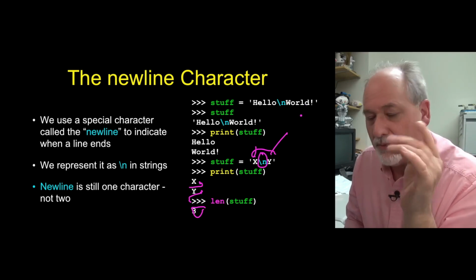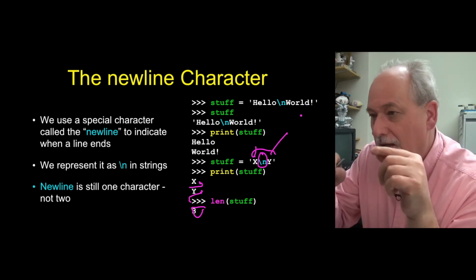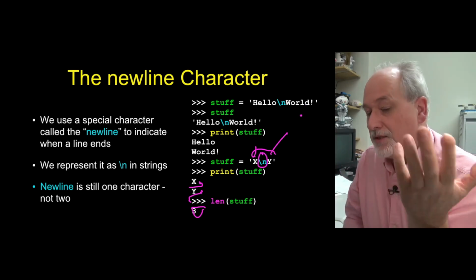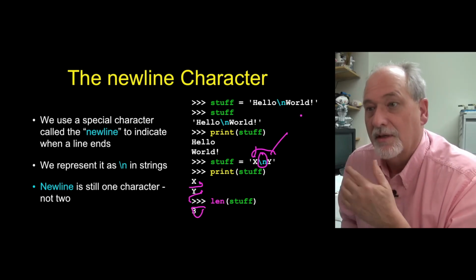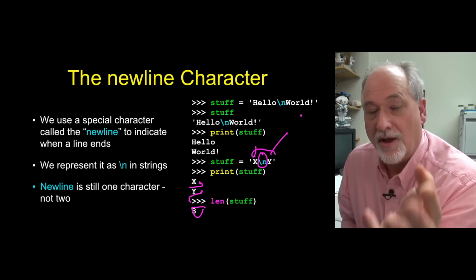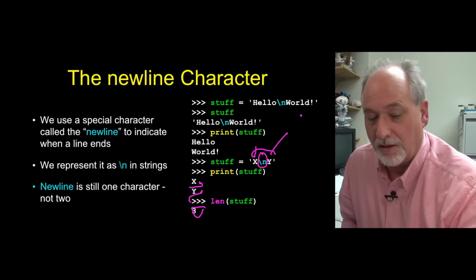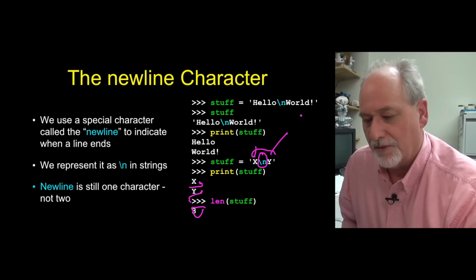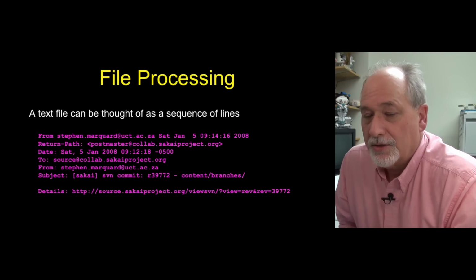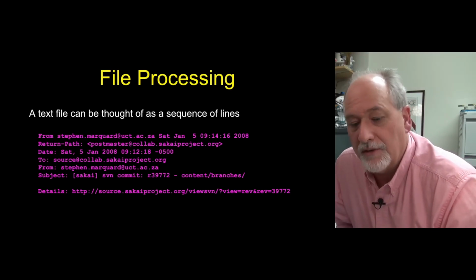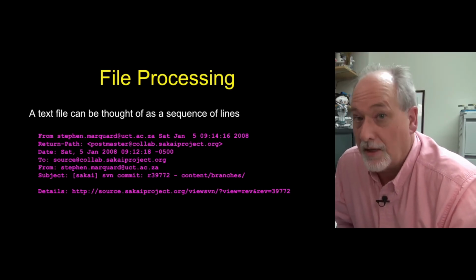It's called an escape, where the \ is the escape, \n is a way to say newline, because we can't see it. It's a way for us to encode in a string this non-printable character, this invisible character. The white space, it's part of white space. So as we're reading through the file, we can think of it as a sequence of lines, and we can read these a line at a time.